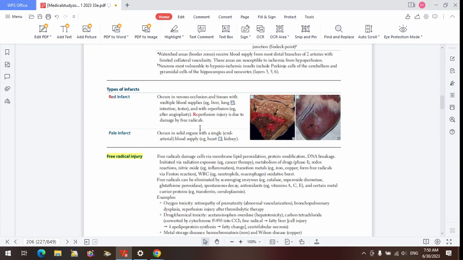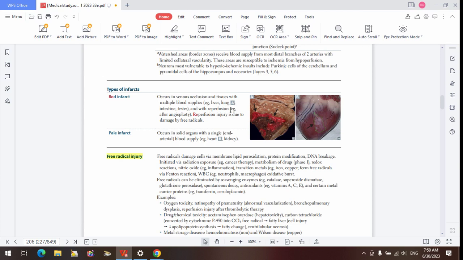So all organs that have multiple blood supply will undergo red infarct. Now let's take them one by one. The liver, we have said, has the hepatic artery and hepatic portal vein. The lungs. Many people make the mistake of thinking we have two pulmonary arteries. No. If you have occlusion of one pulmonary artery, it is gone.